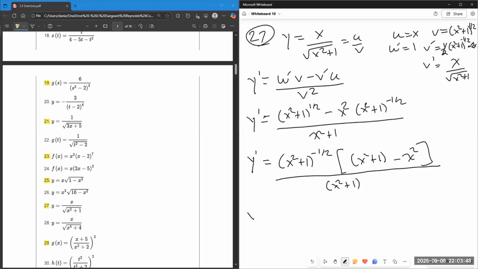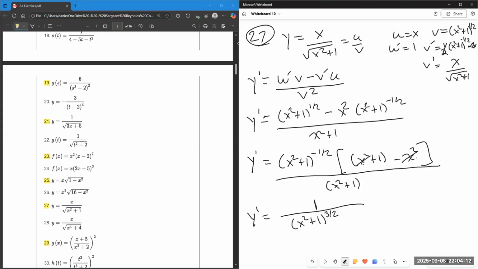This will come down with this one. 1 and another half is x squared plus 1 to the 3/2 power. X squared minus x squared will zero each other out. And that will leave me with 1 in the numerator.